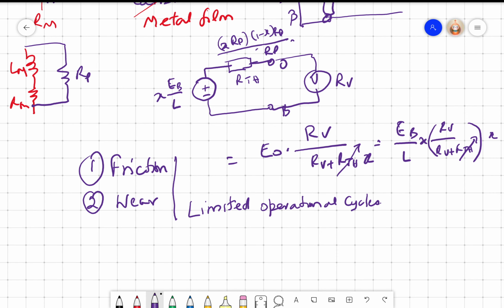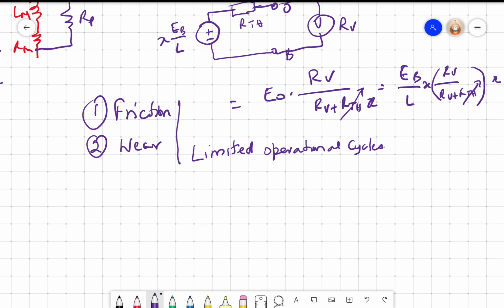So generally resistive potentiometer transducer manufacturers say that you can use my resistive potentiometer type displacement sensor for about 1000 operations or as high as 10,000 operations, right?